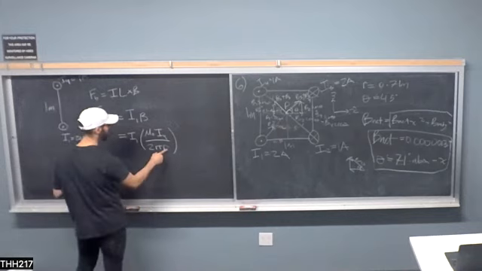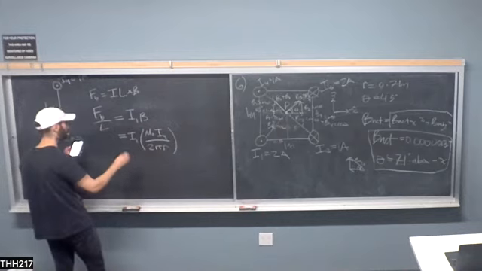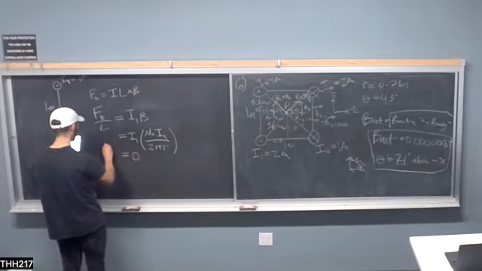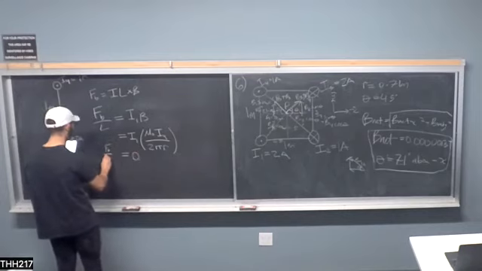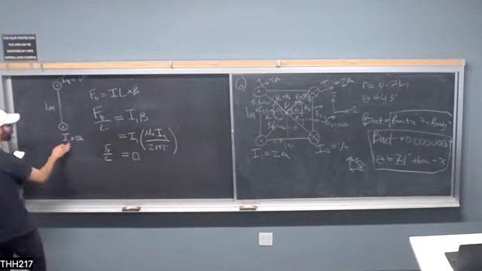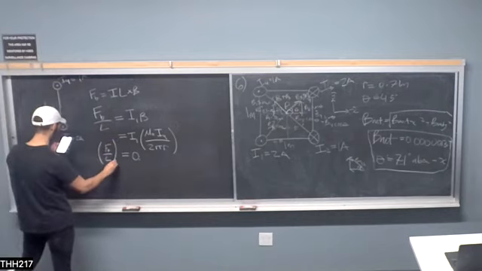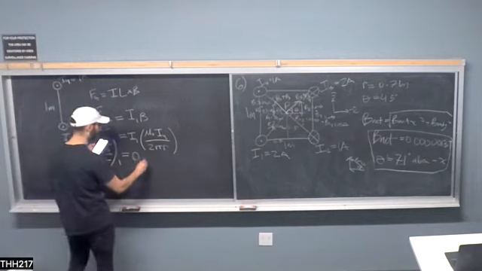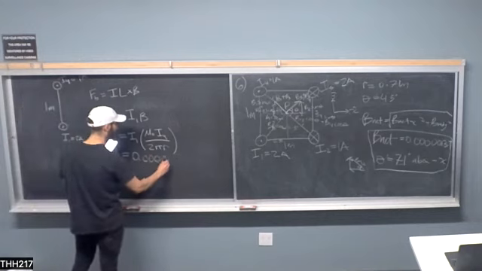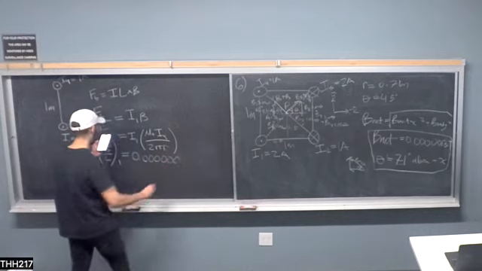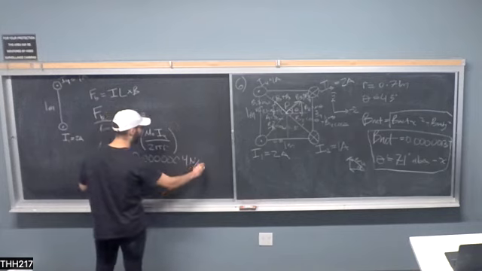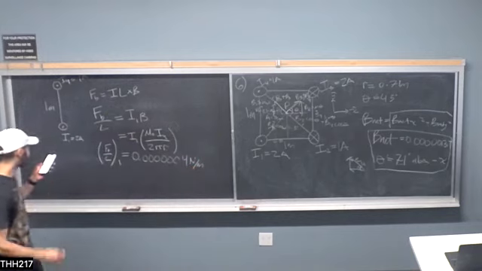We'll clean this up, and what you'll get is, with respect to this one position, a force per unit length equal to 0.6 zeros 1, 2, 3, 4 per meter. And again, like we talked about, it's attractive.